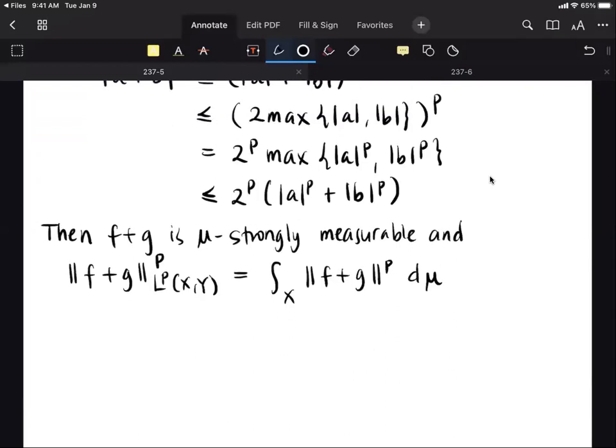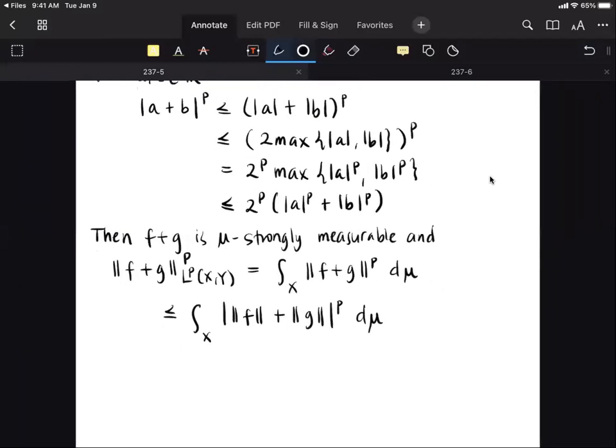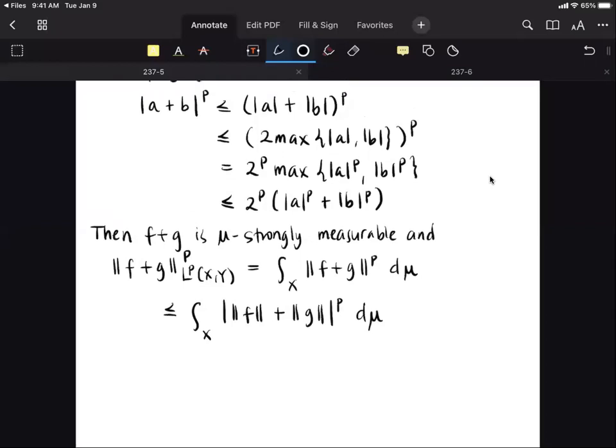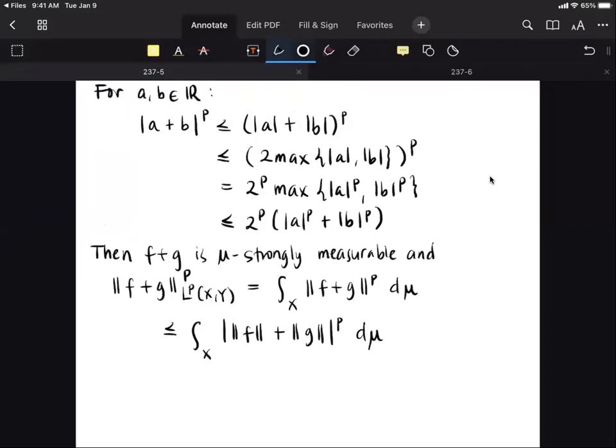If I apply the triangle inequality, this is less than or equal to the norm of f plus the norm of g raised to p, but this is non-negative, so we can raise that to the power p. Now it is clear here that we take a to be the norm of f and b to be the norm of g.